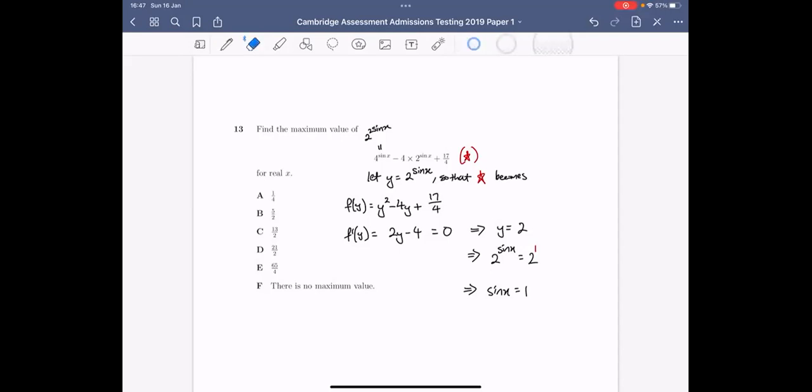Okay, if I differentiate that, I'll be finding, yeah.